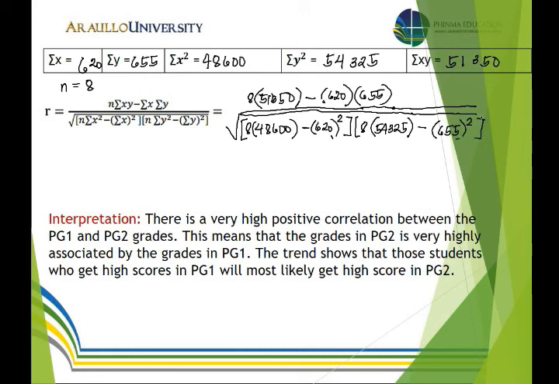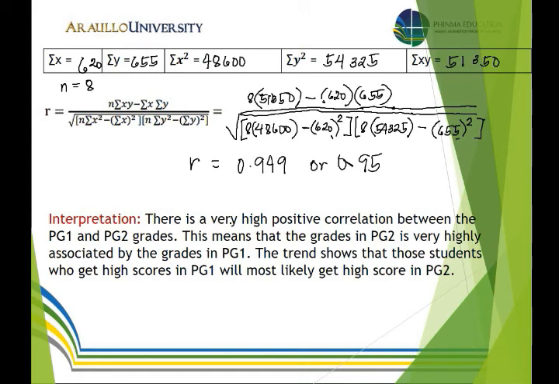Okay, ayan. So, pag in-encode natin yan sa ating calculator, magkakaroon tayo ng sagot na 0.949 or 0.95, which is the Pearson R, o value ng R natin. So, we have interpretation. As you can see, may interpretation na tayo. There is a positive.